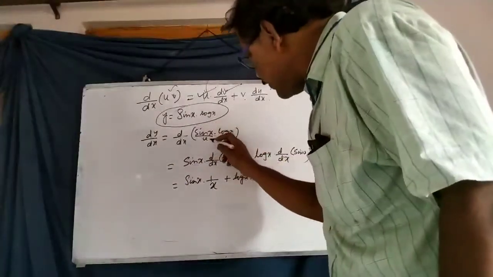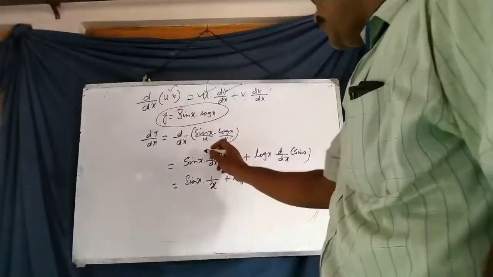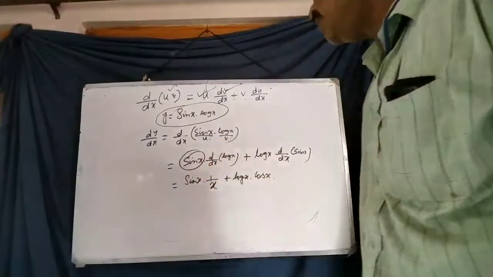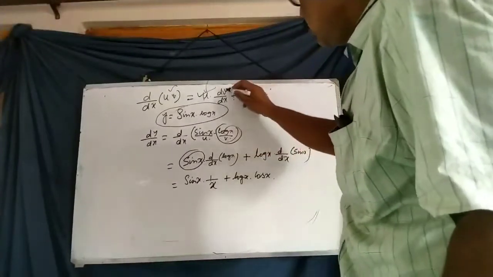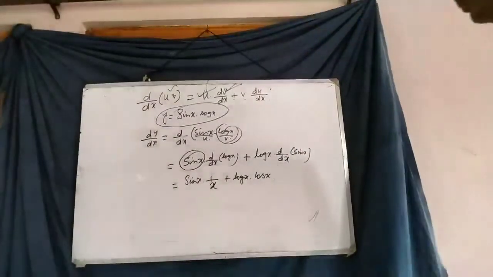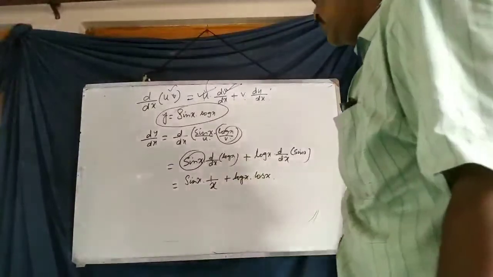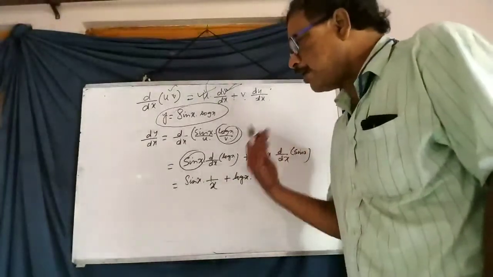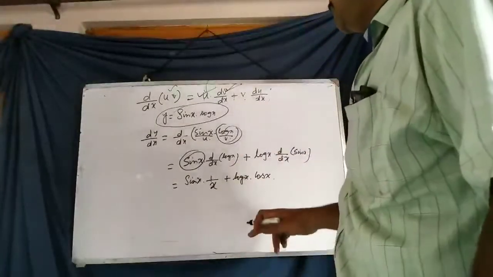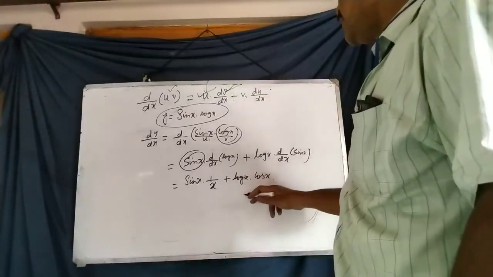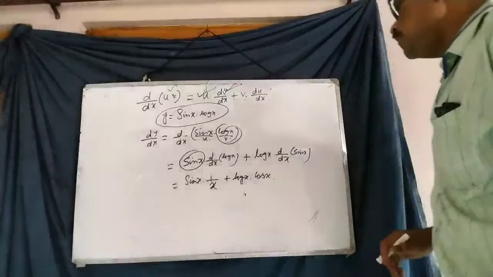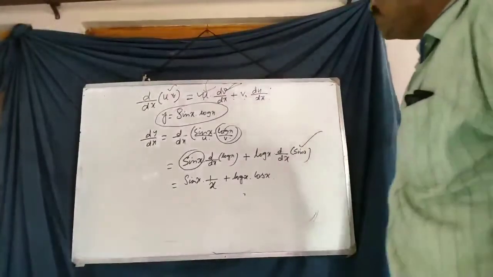If sin x plays the role of u, then u unchanged, that means sin x unchanged. And since log x plays the role of v in this formula, so d/dx of log x. And in the second part of the formula, plus v unchanged means log x unchanged, and derivative of u, so d/dx of sin x.